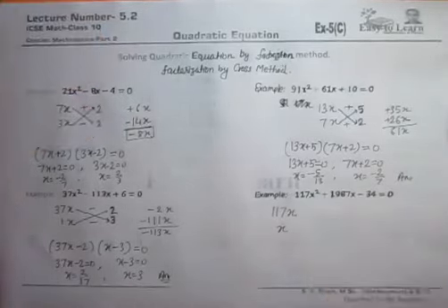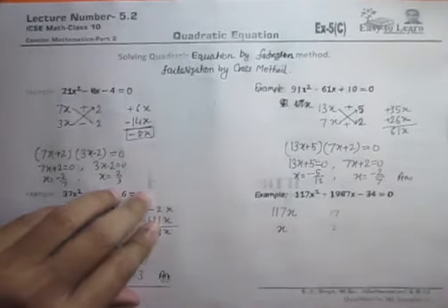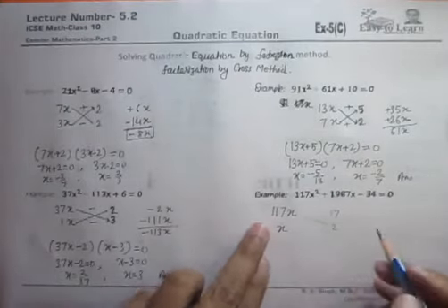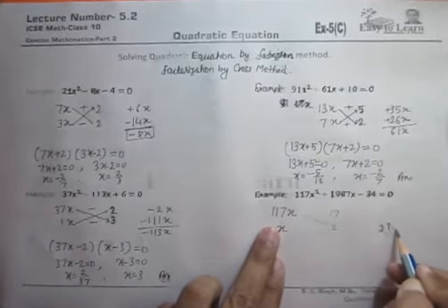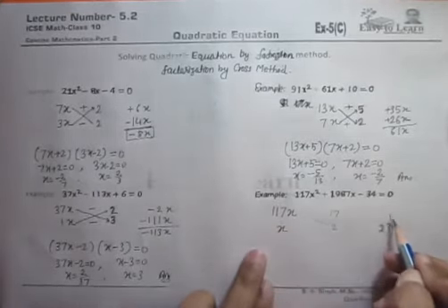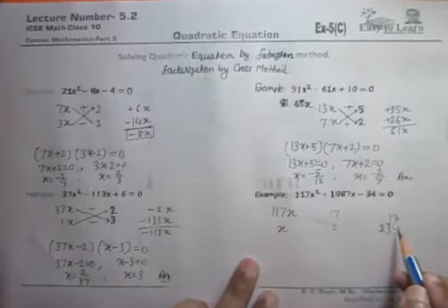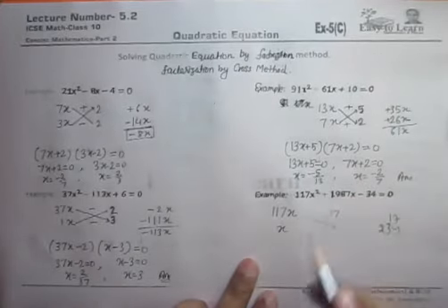If I write 17 here and 2 here, its products will be 234 and 17 into 2. So neither their sum nor their difference is equal to this middle term. So this order is not correct.